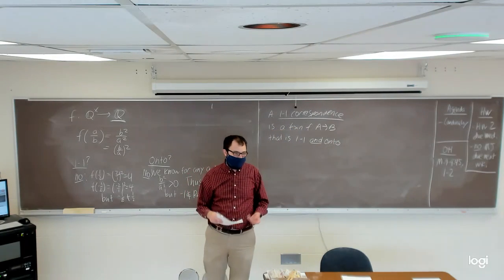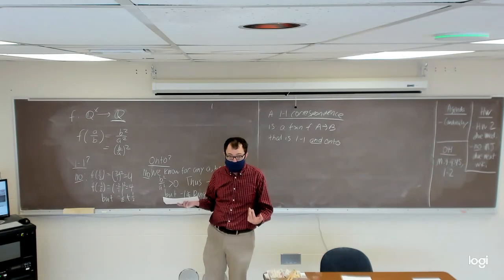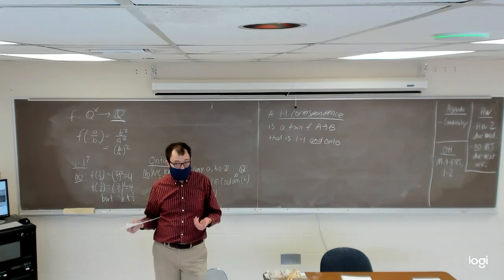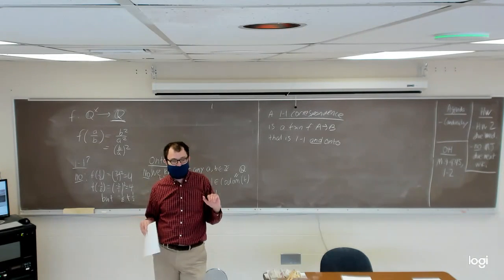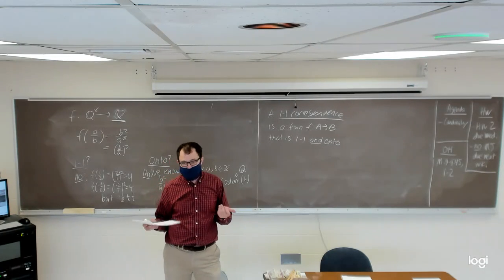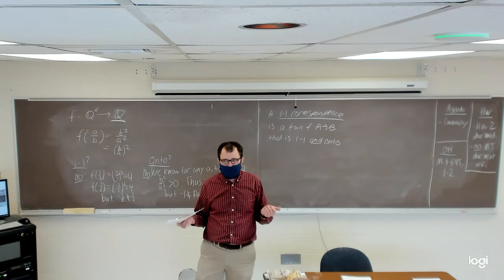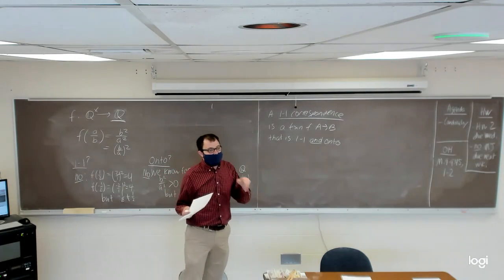Depending on what classes you've taken, you may have also heard the word bijection used to refer to a function that's one-to-one and onto. That's also equally valid. I'm going to go with one-to-one correspondence because that's what our book uses. But if you prefer to use bijection or epimonomorphism, well, don't use that one because that's implying homomorphism properties that we don't have. Use bijection or one-to-one correspondence.